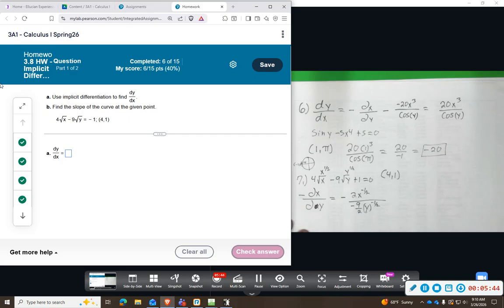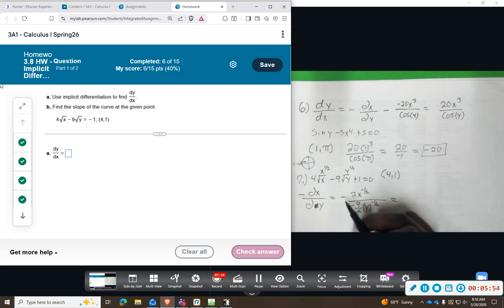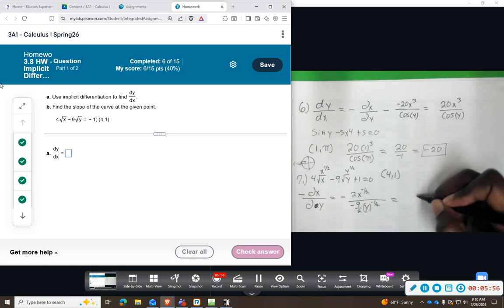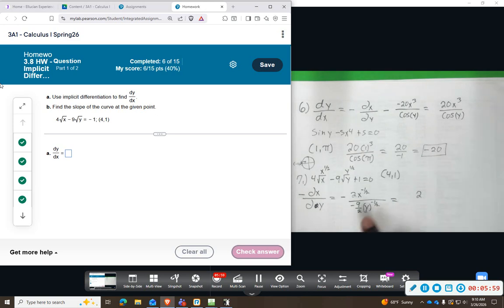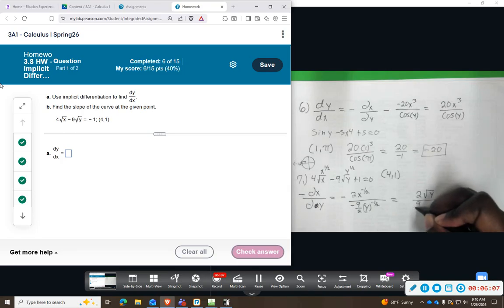Now, if I wanted to clean this up, get rid of the negative exponents, these negative exponents will move to the opposite location. Negative times a negative is a positive, so I'm just looking at a 2. The y would come up, so this is 2 square root of y over, I'm going to leave this as a fraction, 9/2. And then this would be square root of x.